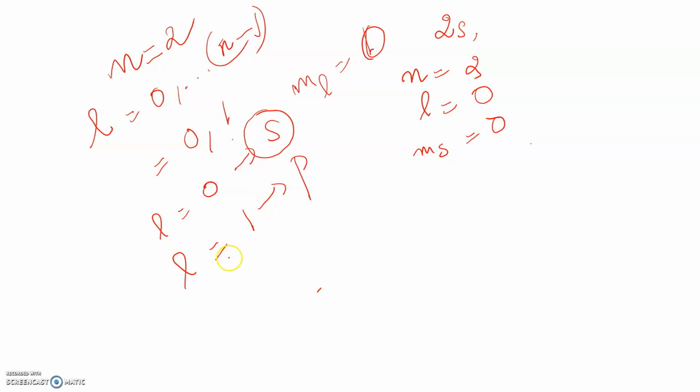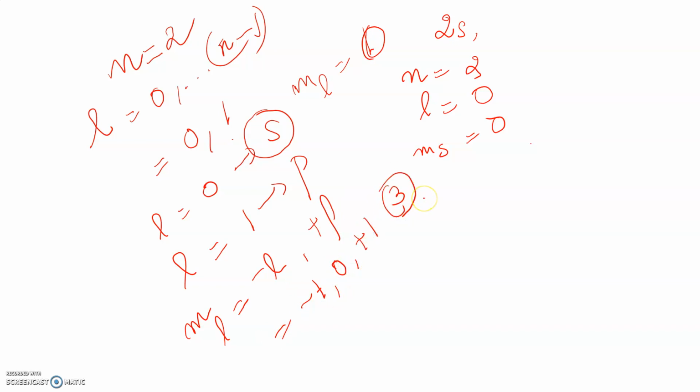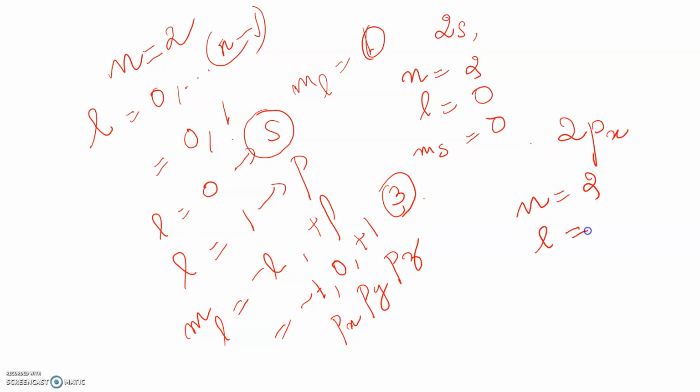Now let's see what happens when L is equal to 1, the p orbital. The ml values will be minus L to plus L, that is minus 1, 0 and plus 1. Therefore 3 values are possible, corresponding to the px, py and pz orbitals. So for a 2px electron, n is 2, L is 1, and ml is minus 1.